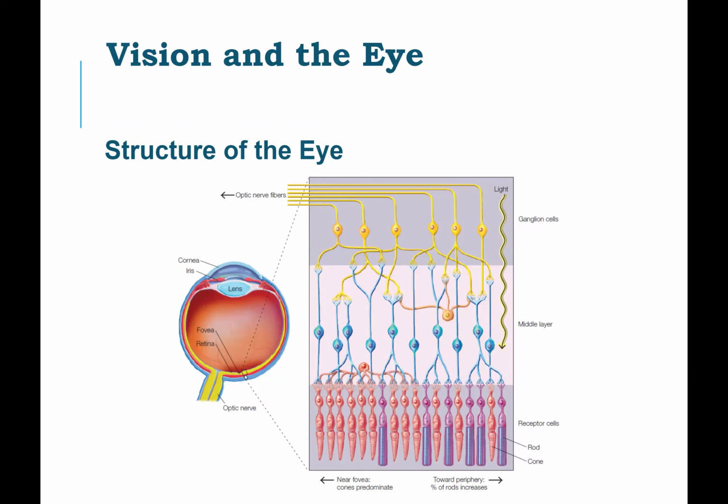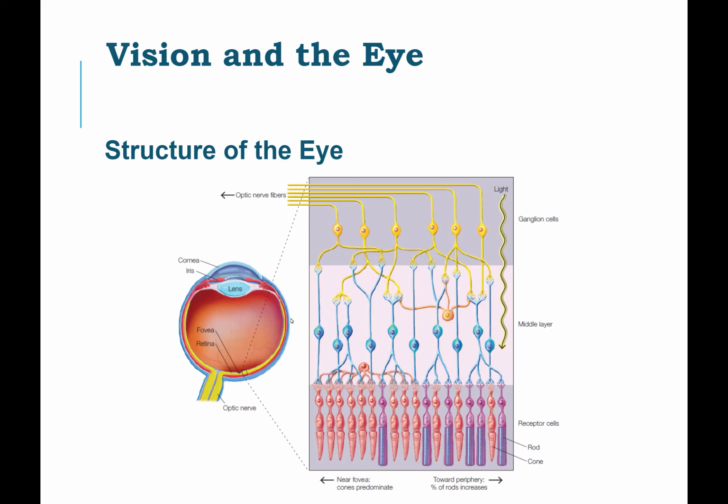And we were saying an alternative would have been if these photoreceptors were on the outer layer of this coating, so the light, when it travels through the lens, hits them directly. But in the eye, they happen to be on the inside, like the inner part of this coating. So what happens is that the light has to travel through ganglion cells and middle layer cells in order to hit the photoreceptors.